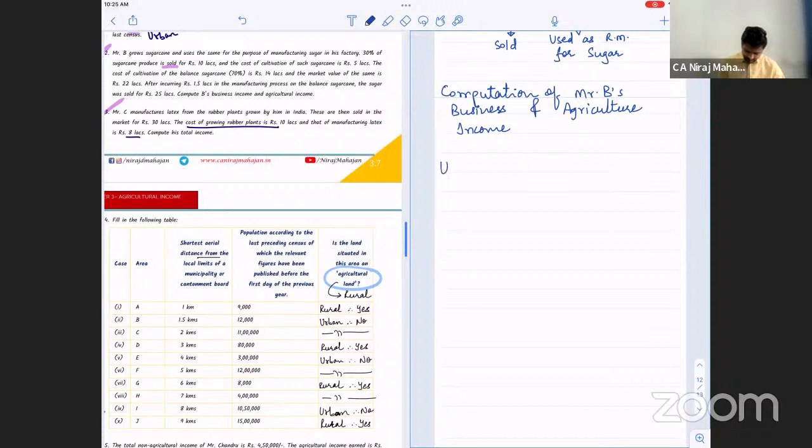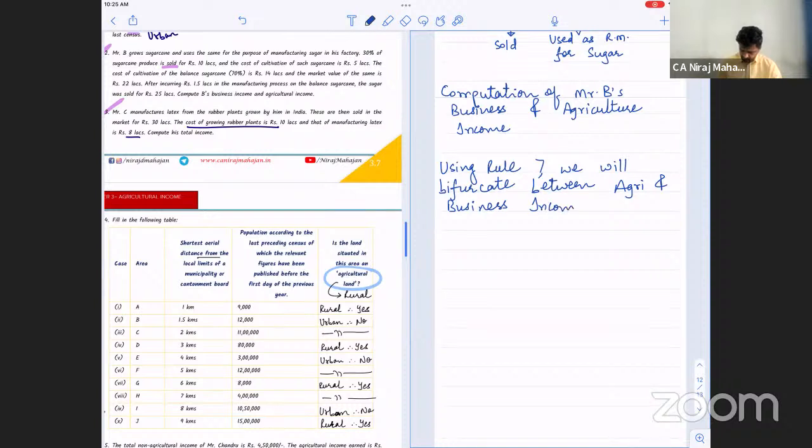Next line. Using Rule 7, we will bifurcate between agri and business income. Between agri and business income. Okay.